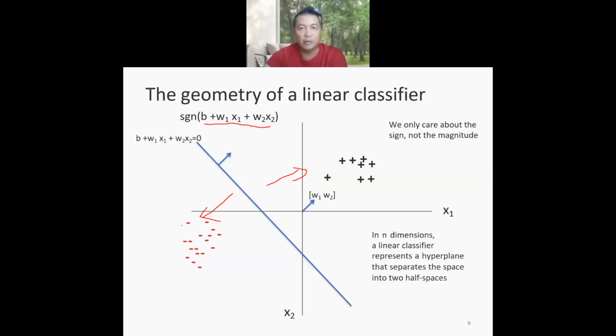If you plug in the values for x and y and it gives you positive, that means they belong to this side. If you plug in the values for x1 and x2 and the value is negative, then they belong to the negative class.